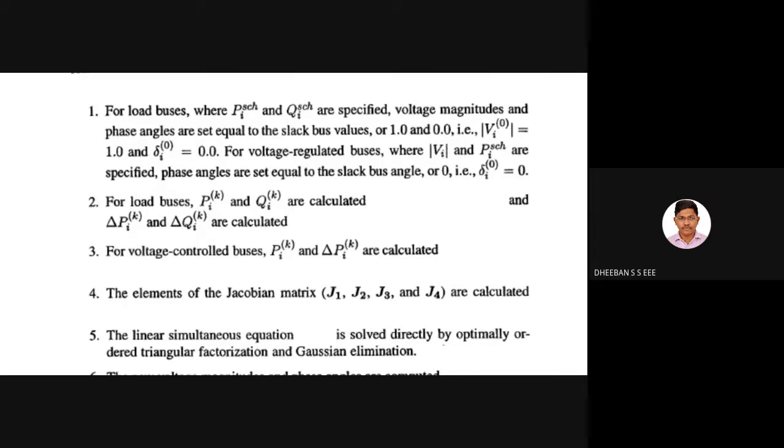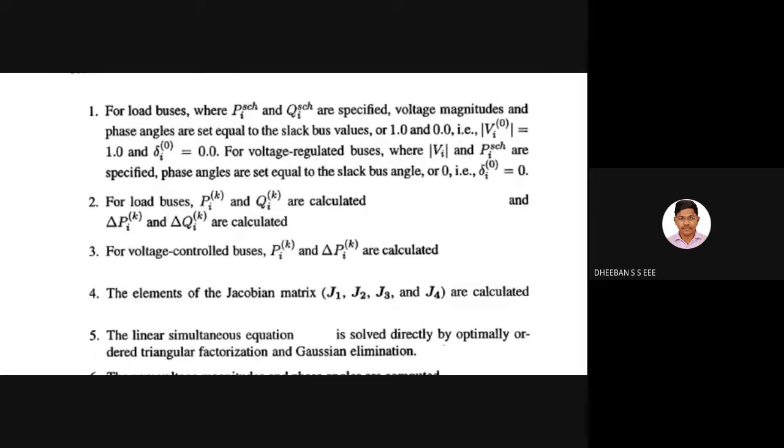In the PV bus, your P value and V value will be specified, and the phase angle will be set to the same value as that of your slack bus. While we dealt with the PV problem in Gauss Seidel, we faced the same situation.